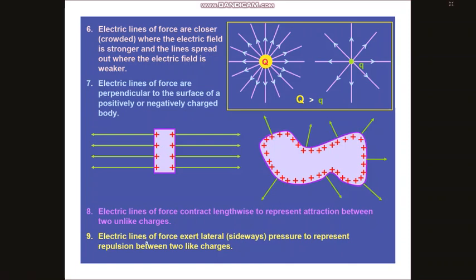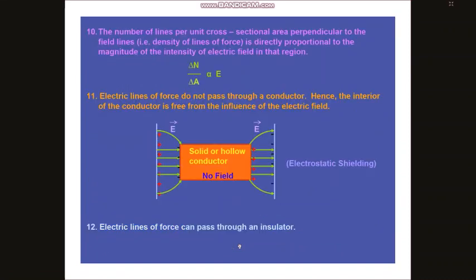Ninth, electric lines of force exert lateral pressure to represent repulsion between two like charges. 10th, the number of lines per unit cross-sectional area perpendicular to the field lines, that is density of lines of force, is directly proportional to the magnitude of the intensity of electric field in that region.